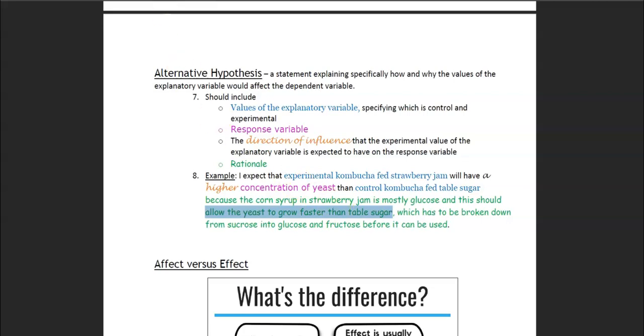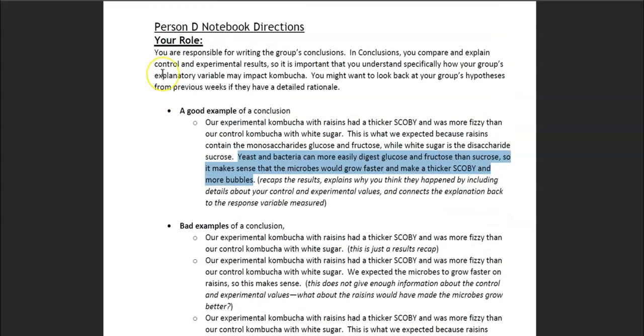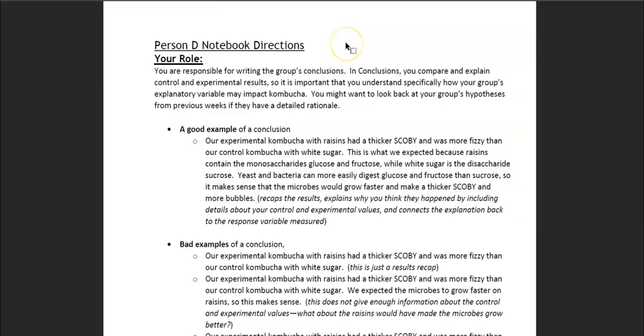For another example of this, we're going to look at the person D notebook directions, also in your lab manual, but in a different part. So person D is responsible for writing the conclusion. The conclusion is just like the alternative hypotheses, except now you have actual results instead of predicted results.